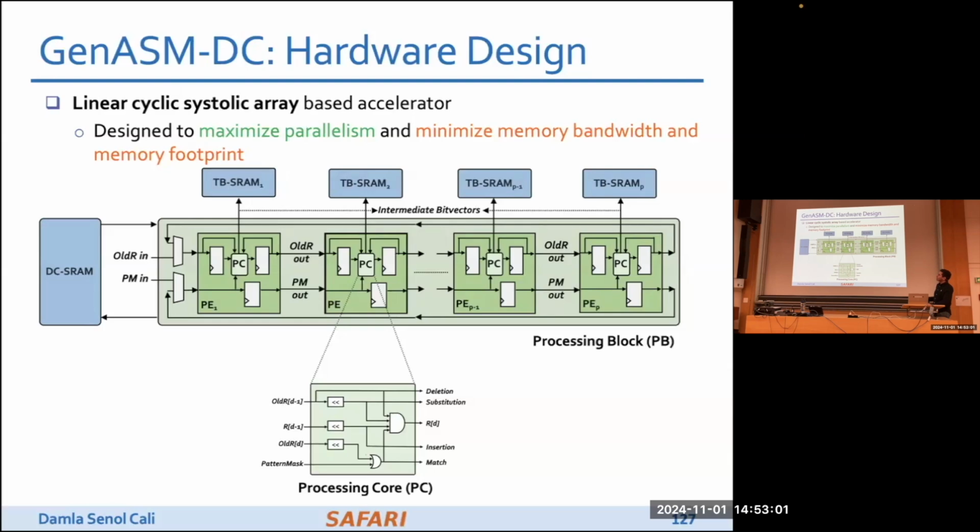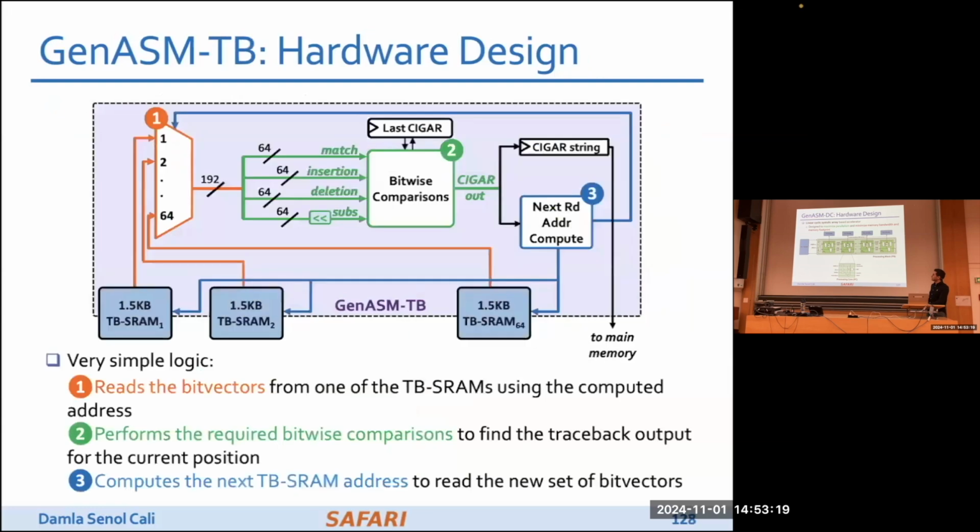You can rather just place the next processing element right next to it so that you can directly consume it, because you know that you'll consume it directly in the next PE. So this is basically the systolic array structure that we're utilizing in GNASM, and these are the bitwise operations that we're doing for the distance calculation.